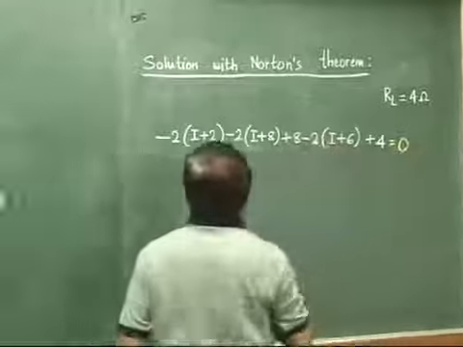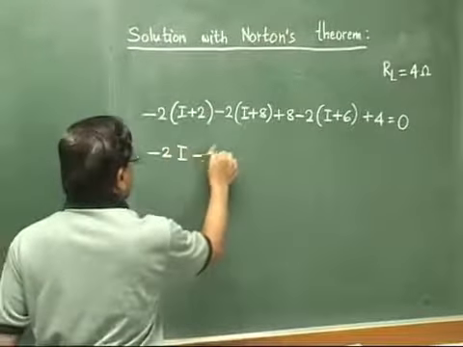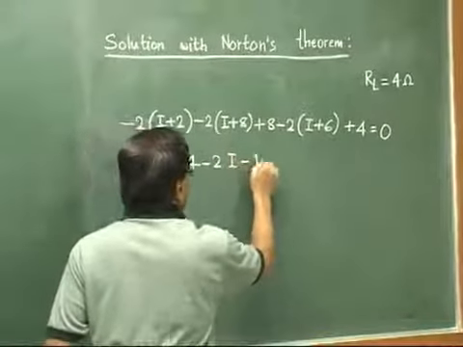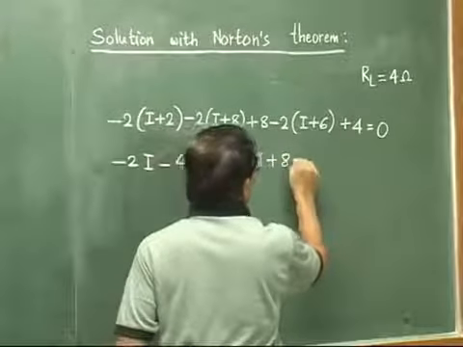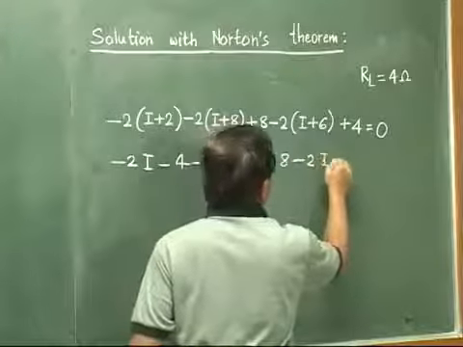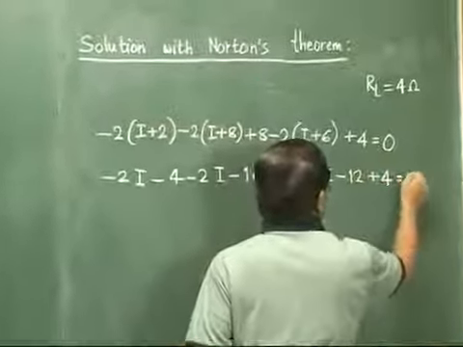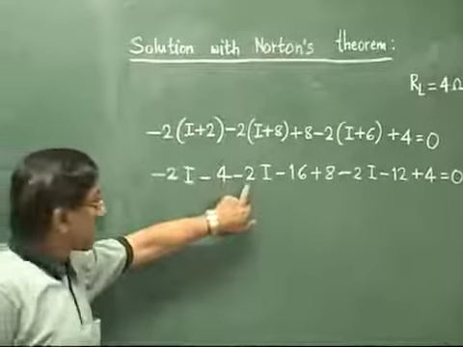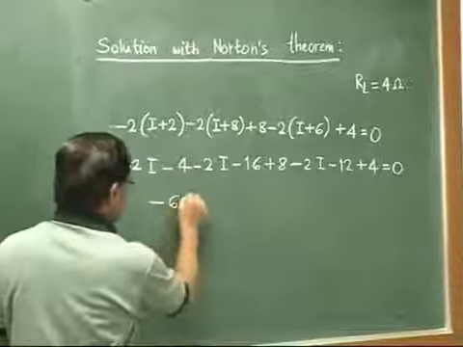Let us simplify this equation. It will be minus 2I minus 4 minus 2I minus 16 plus 8 minus 2I minus 12 plus 4 equal to 0. So minus 2I minus 2I is minus 4I. Again minus 2I is minus 6I.